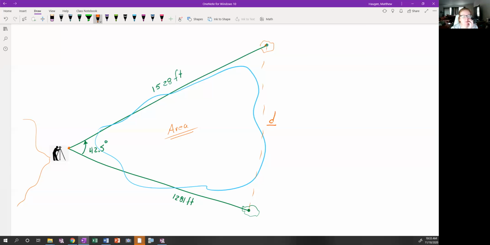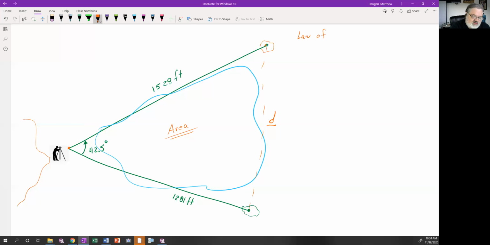I use law of cosines for that. We don't have an opposite pair anywhere in this triangle. So to build this opposite pair between D and the 42.5 degrees, law of cosines is a nice choice.